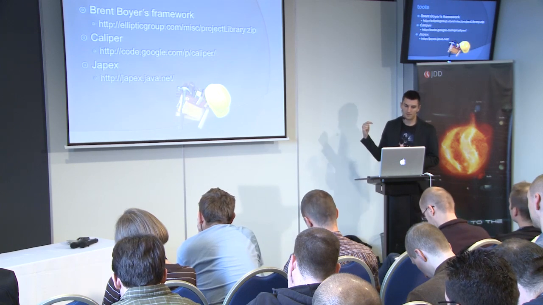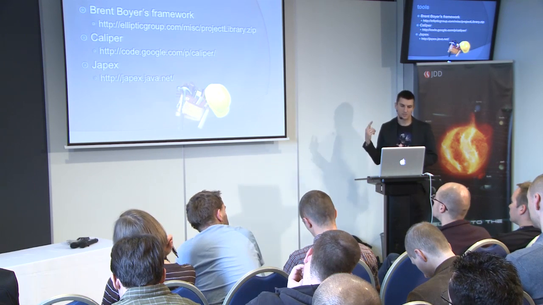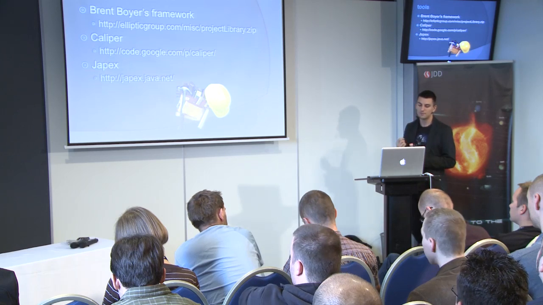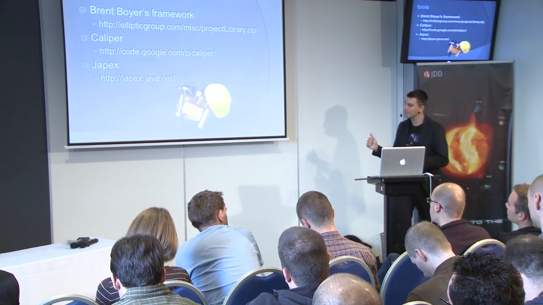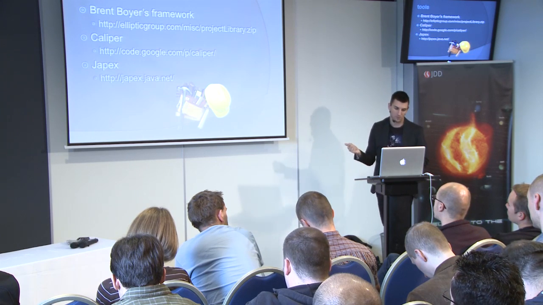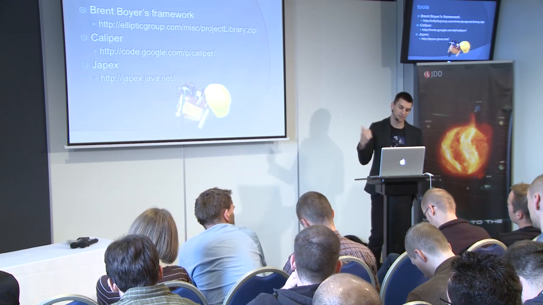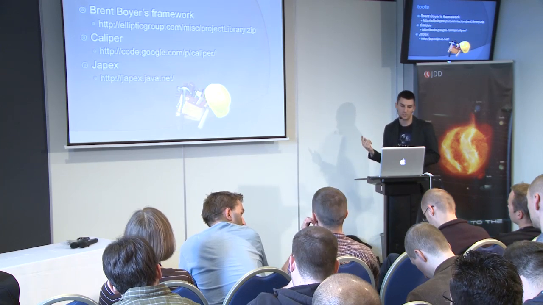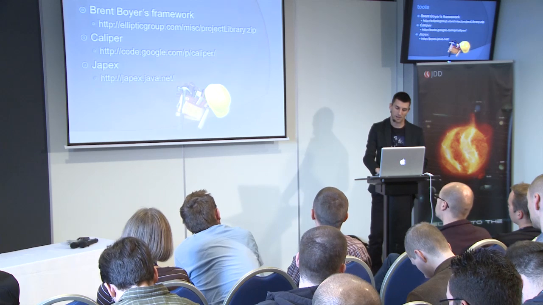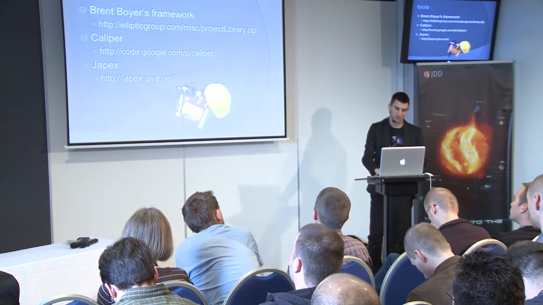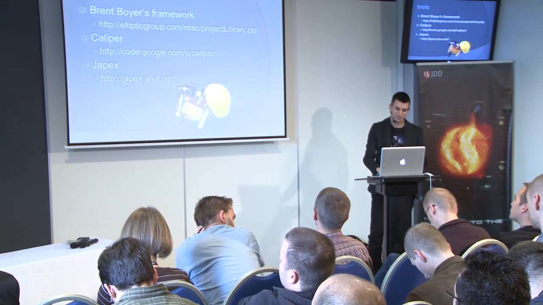But there is a problem that each run takes a lot of time, and there is weak documentation for this project, and another thing is that it's not a formal project. It's only a part of Brent's article about microbenchmarks in Java.